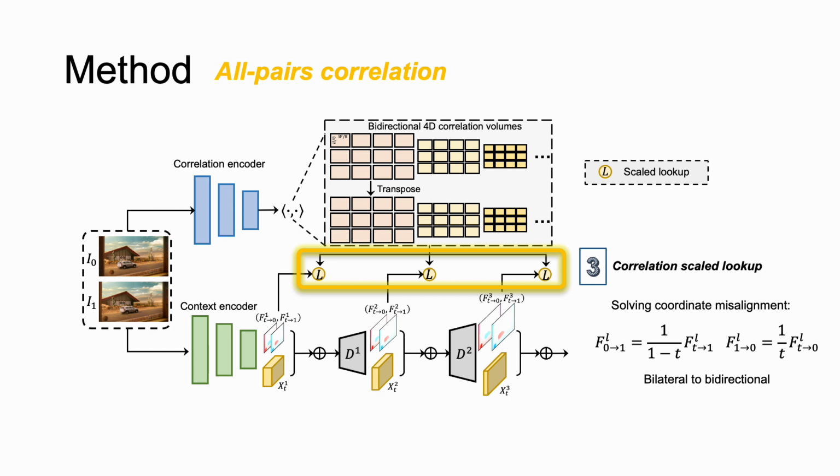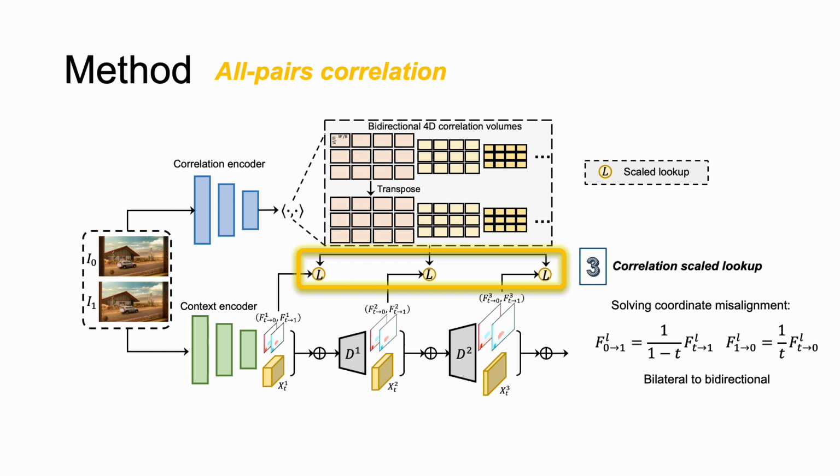After volume construction, we intend to query correlation feature maps using the estimated bilateral flows. There exists a mismatch between the coordinate system of bidirectional correlation volumes and bilateral flows, which causes unfaithful correlation lookups and further influences the updating of the flows.